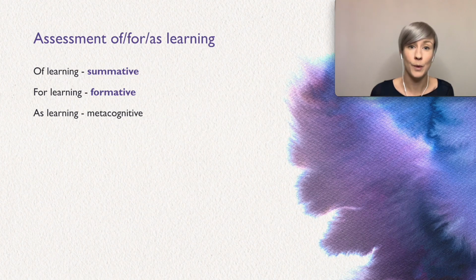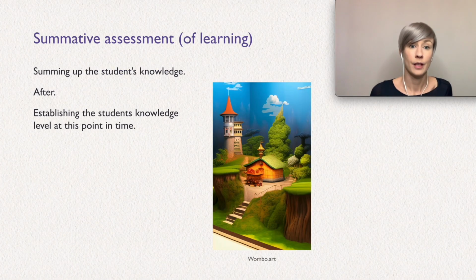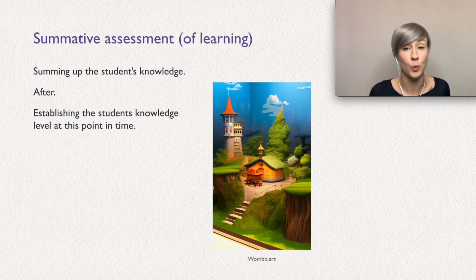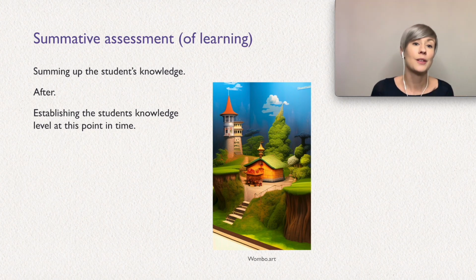Let's start with summative assessment. Assessment of learning. So this is done to give the teacher and the students information about what knowledge level they have reached. It's about summing up the knowledge. So this is usually done at the end of a course, program, or unit of work.